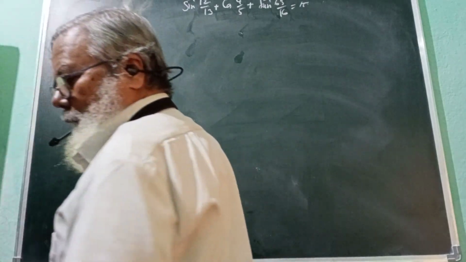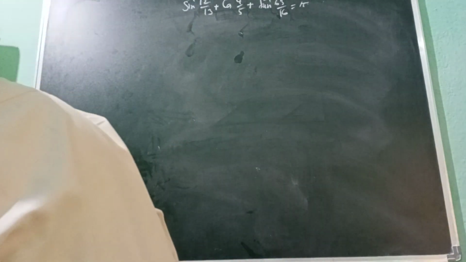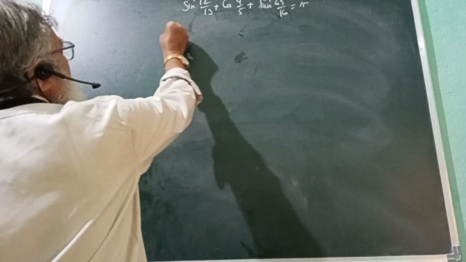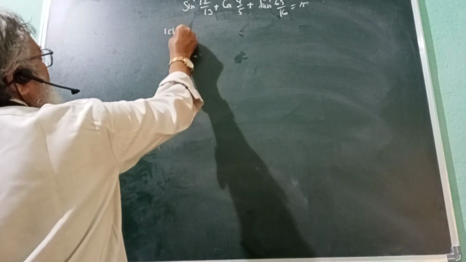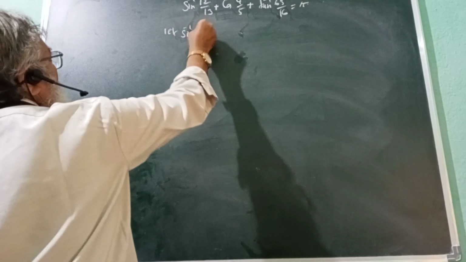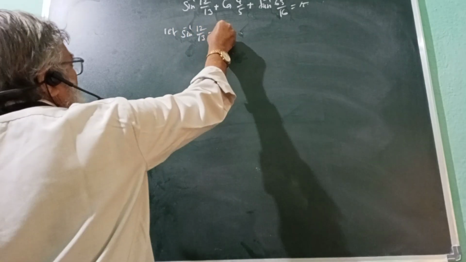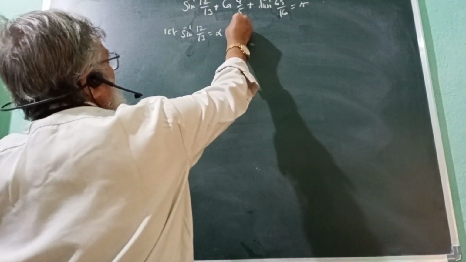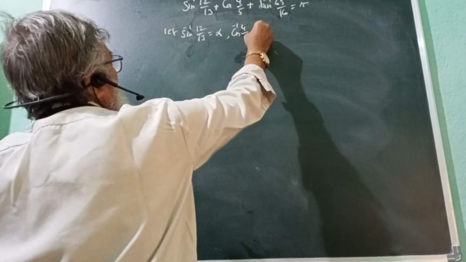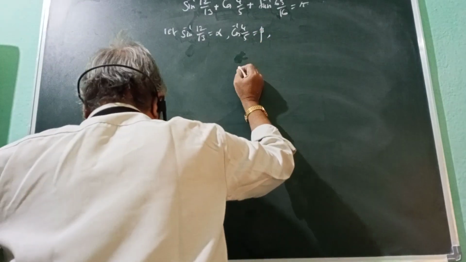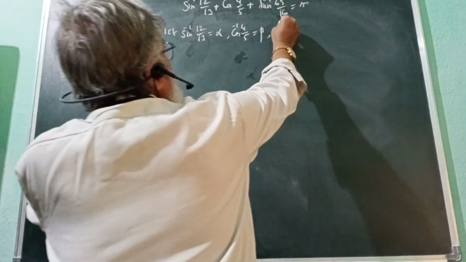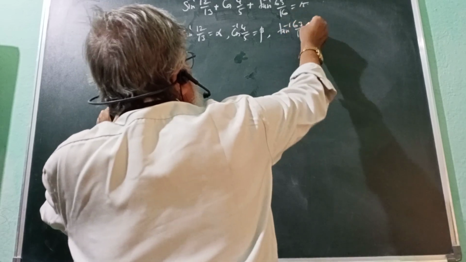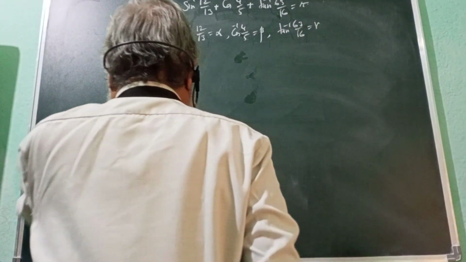Now, slightly one quantity is more, we slightly modified this problem and that's all. So let us suppose sine inverse of 12 by 13 is equal to alpha, cos inverse of 4 by 5 is equal to beta, and tan inverse of 63 by 16 is equal to gamma.